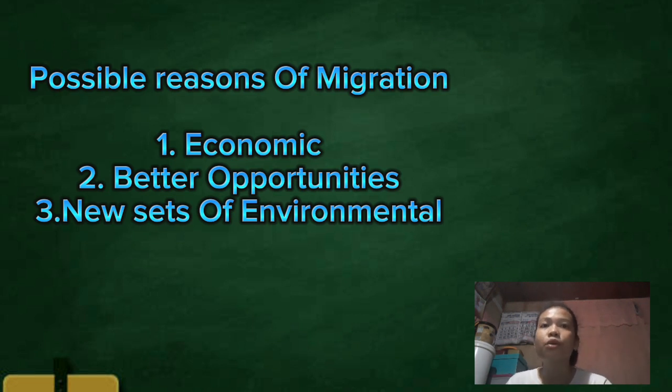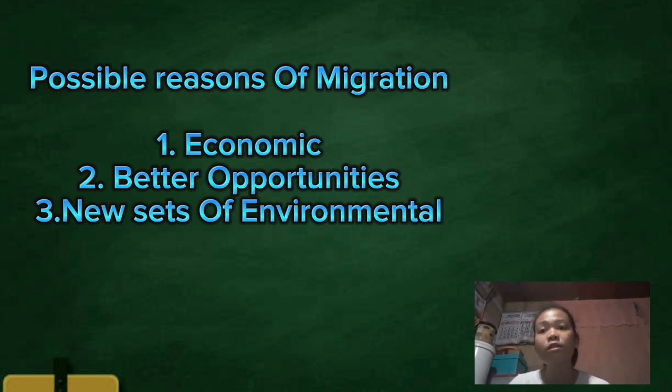For instance, for economic reasons, if you are a businessman, then you will go to other places to have your business there, because urban areas have a high number of people, which is good for your business. Then political and environmental.